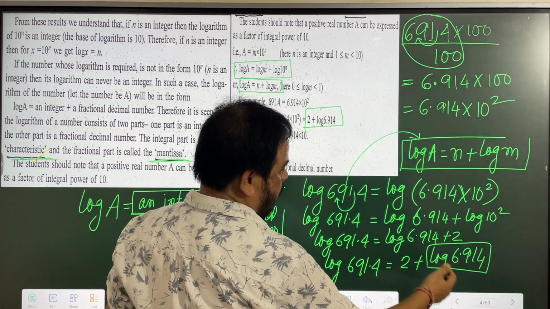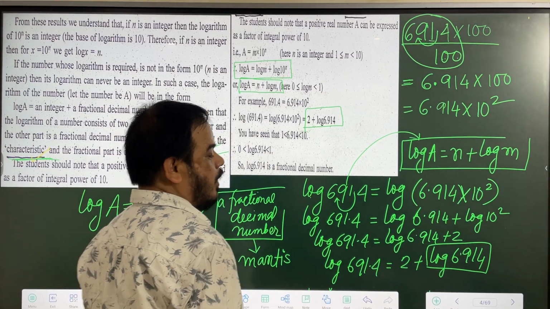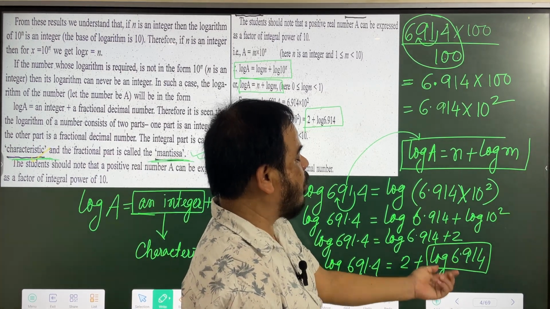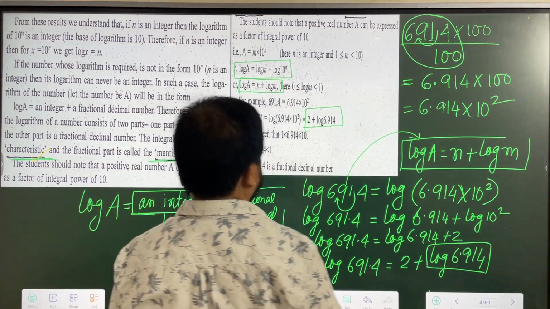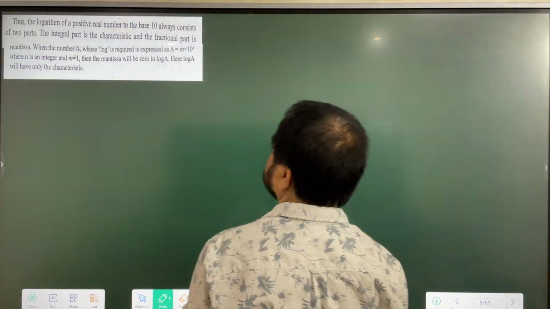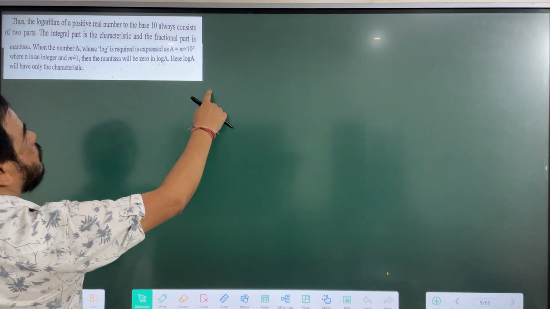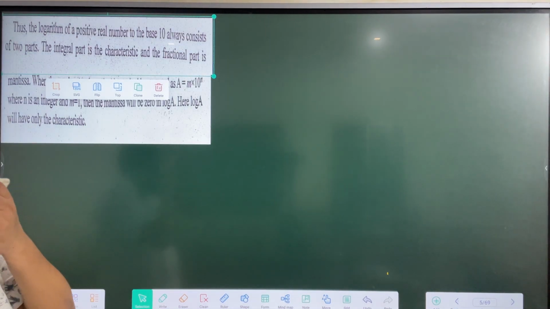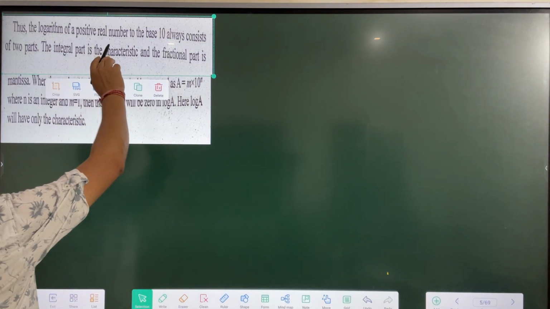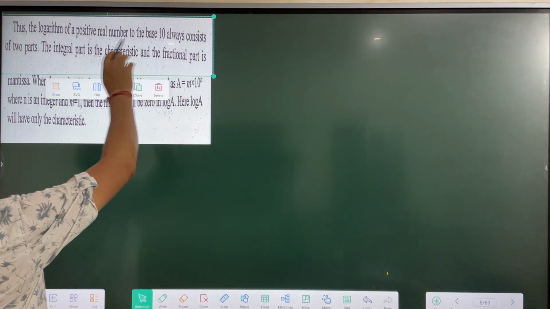Later, next page, next session, we will learn how to find the value of log 6.914. Thus, the logarithm of a positive real number to the base 10 always consists of two parts.